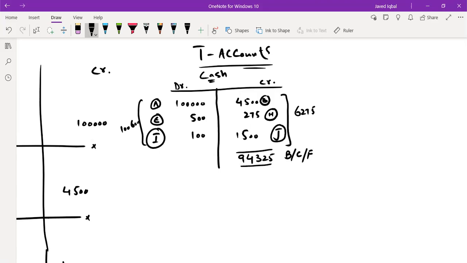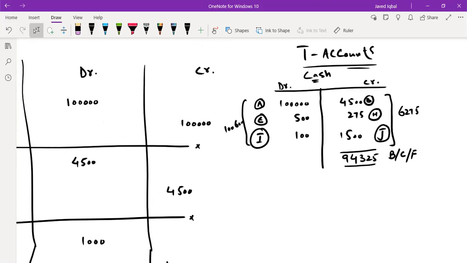This balance carried forward is basically telling you that this is the balance in future. In the next element, it will be reflected. How it will be reflected, we will look into when we move on to the next element.